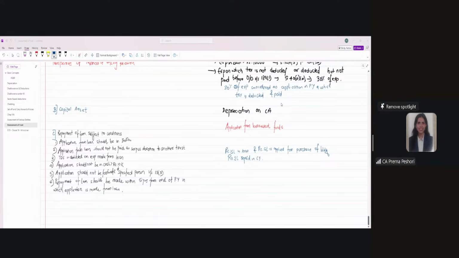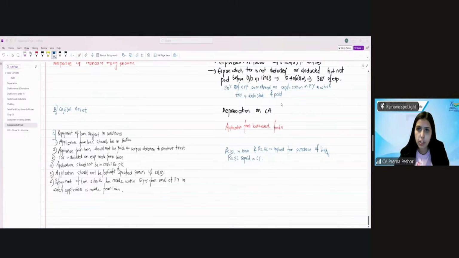Because 5 lakh is the application from the loan, that will not be considered as application of income. 2 lakh, which is repaid, if all these conditions are satisfied, then 2 lakh will be considered as the application. Clear? So this is considered as the application of income.